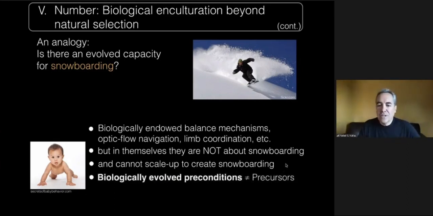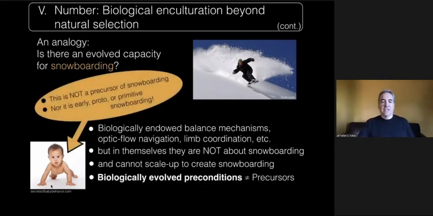In order for snowboarding to occur, you certainly need biologically evolved preconditions like balance mechanisms and so on, but they're not inevitable precursors leading to snowboarding. So this kind of behavior is not a precursor of snowboarding, or early snowboarding, or proto-snowboarding or primitive snowboarding. It's just crawling as part of the exercising and putting in place all these mechanisms for balance, coordination of limbs, and so on and so forth.